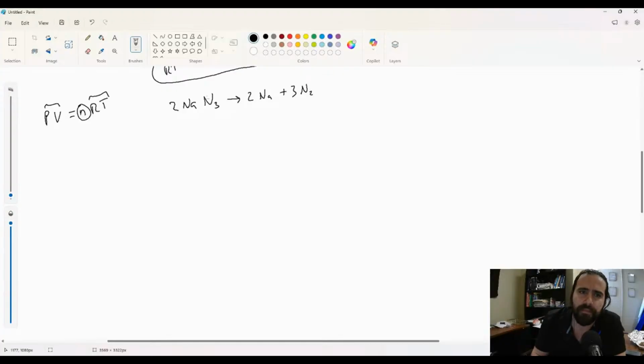The molecular mass of Na is 65. Then the molecular mass for nitrogen is 28.